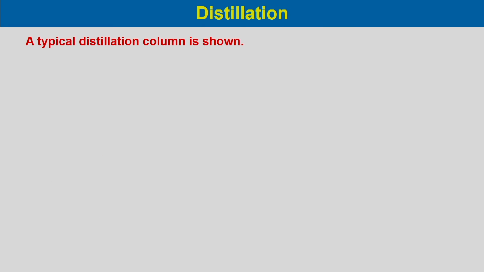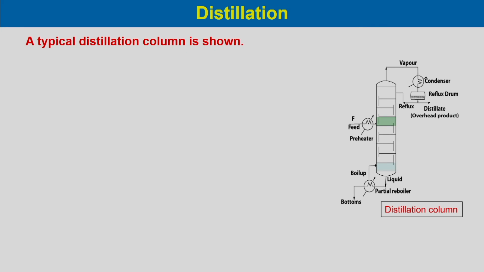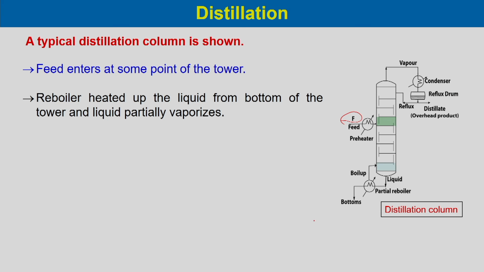A typical distillation column is shown here, and we will explain how the distillation operation happens in a distillation column. This is a typical tray column, though it may also be a packed tower. In the tray tower shown here, feed enters at some point of the column, and the reboiler heats up the liquid from the bottom of the tower, and the liquid is partially vaporized.